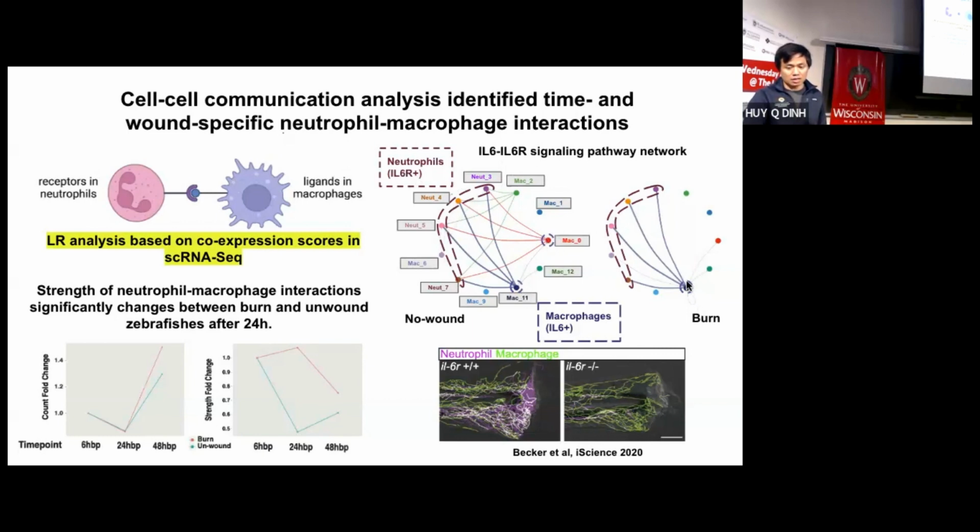However, it was lost in one of the subsets in the burn condition. Interestingly, Anna used microscope imaging for the IL6 wild type and mutant, and you can see that in the mutant, neutrophils are lost and not recruited. This was not a surprise to her, but the extent of IL6 and its receptor in the subsets is what we're studying now.